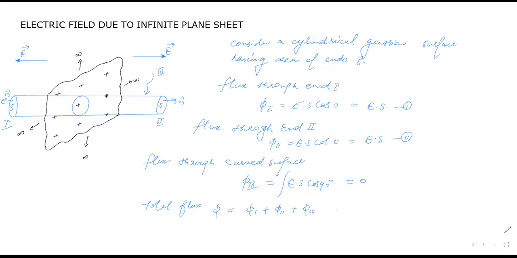Phi 1 and phi 2, please note it down first. What is your phi 1? Phi 1 is your E S. Phi 2 is also E S, plus 0. It will be phi equal to 2 E S. What is the value of E? First of all, please note it down here.